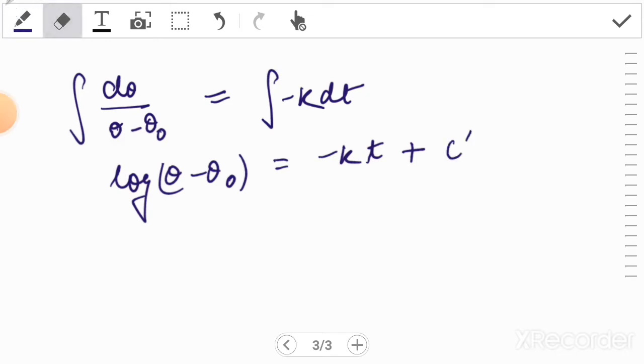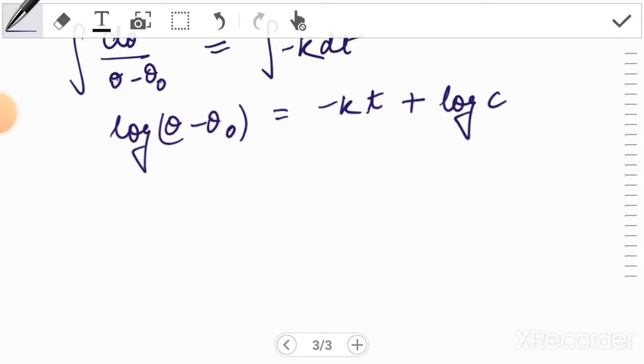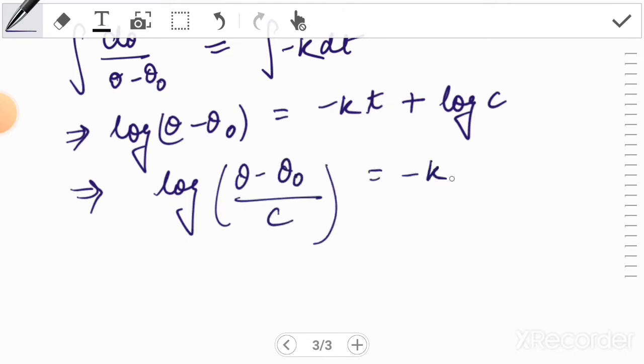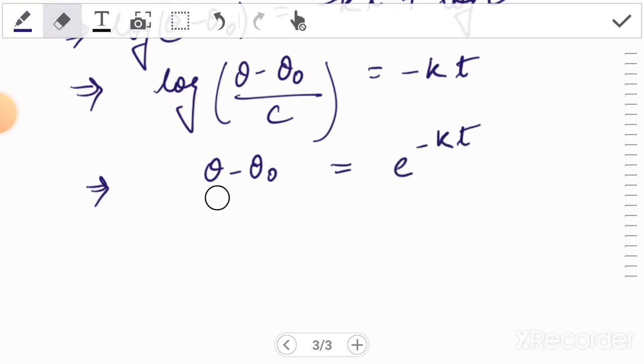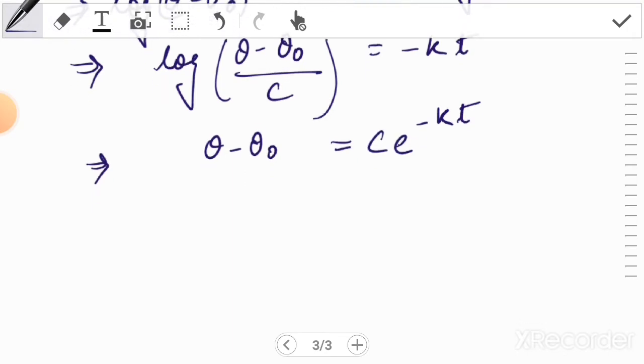Now we can replace this constant by some other constant, log of c. Now taking log c on the left hand side, we have log of theta minus theta naught by c is equal to minus k times t. Again taking anti-log on both sides, we have theta minus theta naught by c is equal to e raised to the power minus kt. Now we can take this c on the right hand side. So this is the required solution of Newton's law of cooling.